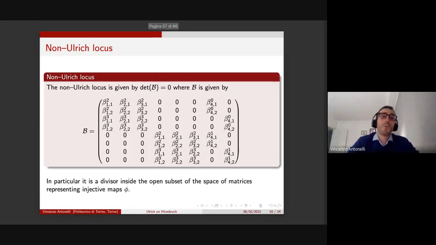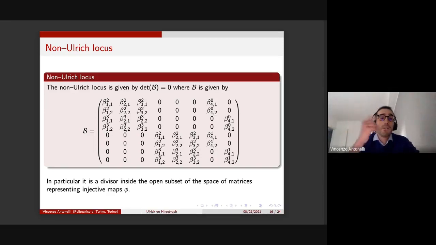And actually, with a little bit of effort, you can build this big square matrix B. And the non-Ulrich locus is given by the vanishing of the determinant of this matrix. Here, the betas are just the coefficients of the matrix representing phi.